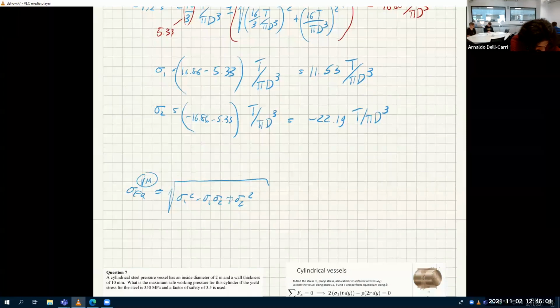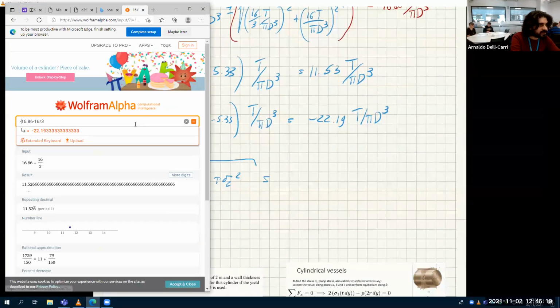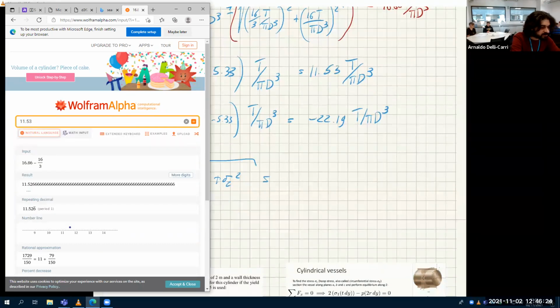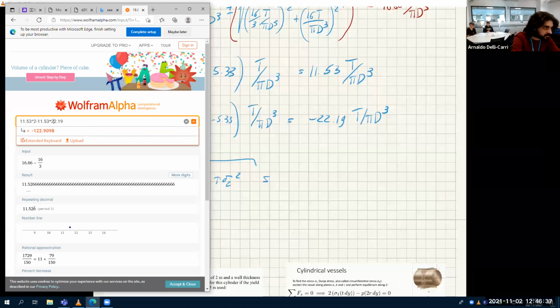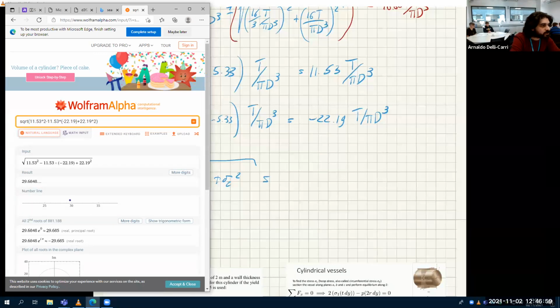So sigma equivalent for von Mises is equal to, and again, this T over pi d cubed, so this is just the square root of 11.53 squared minus sigma 1 sigma 2, which is 11.53 times 22.19, plus 22.19 squared. This is 29.68 t over pi d cubed.